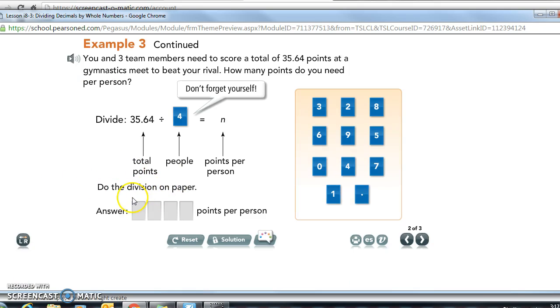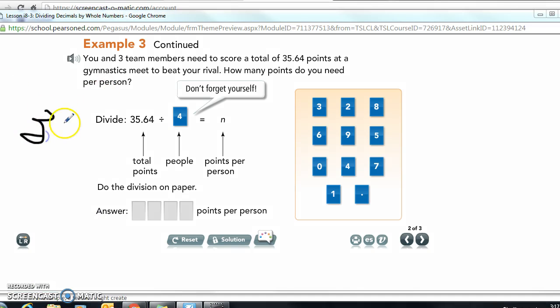If I have 35.64, do it with me, divided by 4. 4 will go into 35 how many times?